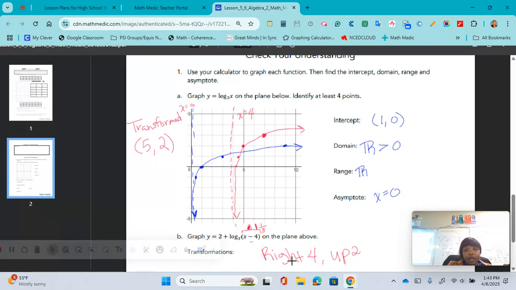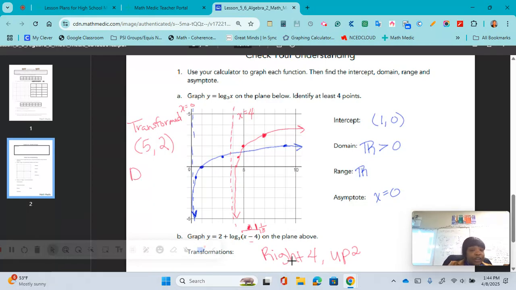Because our y was at 0, and since it lifted up 2, that affects our y value. So it moved to the right 4, so our x was added 4, and went up 2, so our y was added 2.